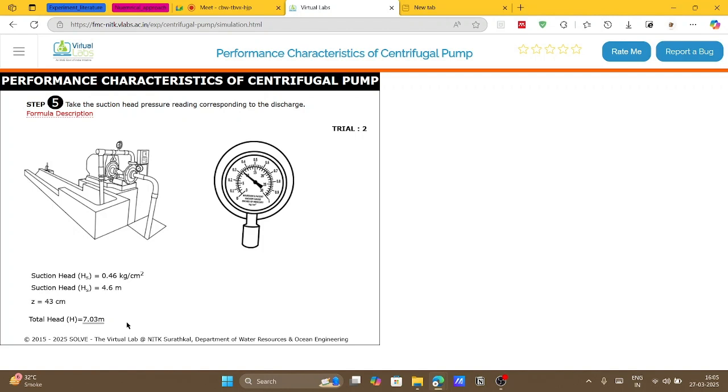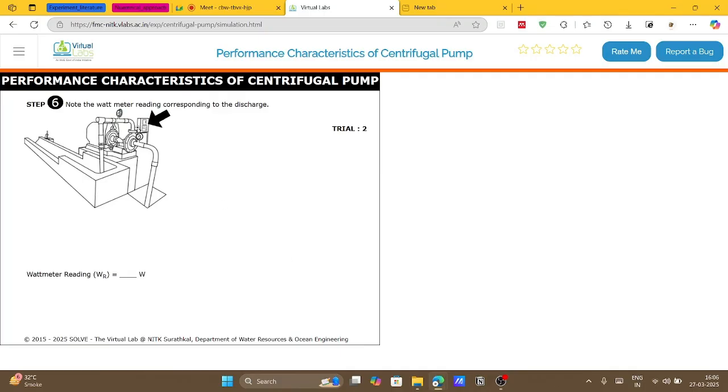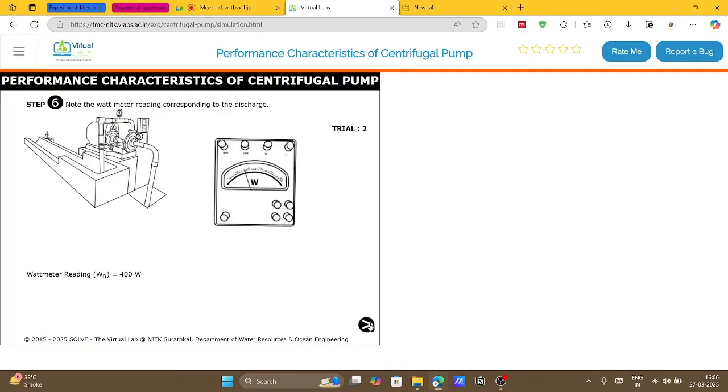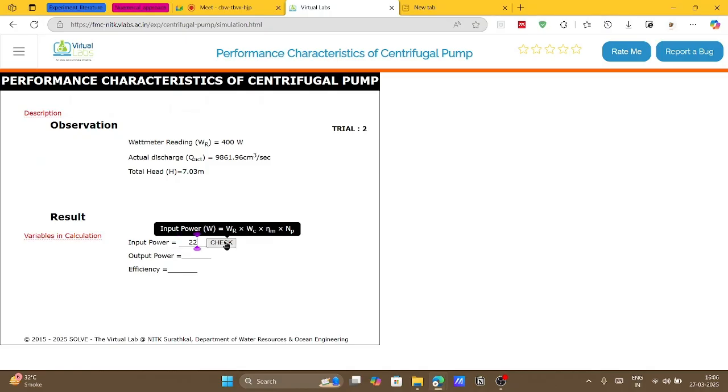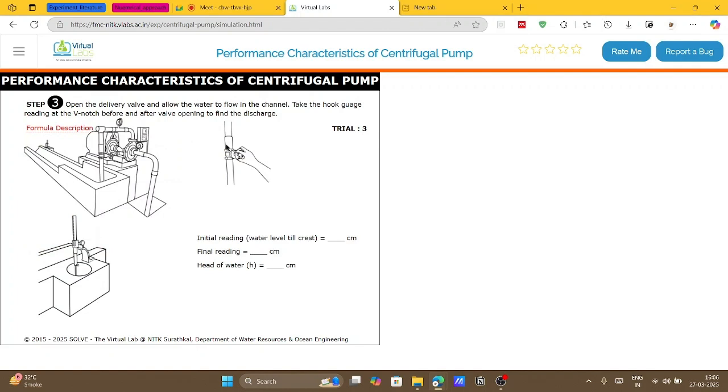So I'm just putting a random value to check. The tool used to measure the pressure, it's manometer, correct? Note down the wattmeter reading, do the next calculation. Right. So this time efficiency came as 35. Again, change flow rate, measure the pump efficiency at different other flow rates.